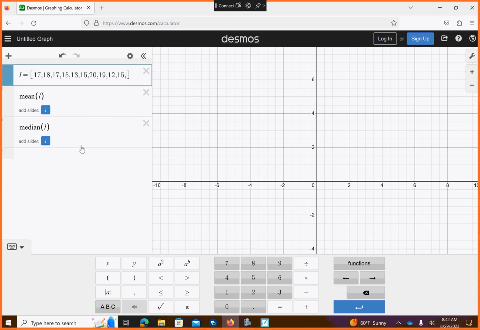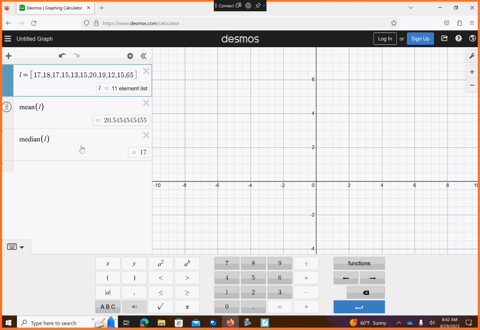Maybe if I change this to, let's say someone got a 65, look at how the mean is increasing where the median's staying the exact same. What if someone got an 89? Now the mean is 22.7, the median is 17. So the mean is influenced by something that's way too far to the right of our data or way far to the left.